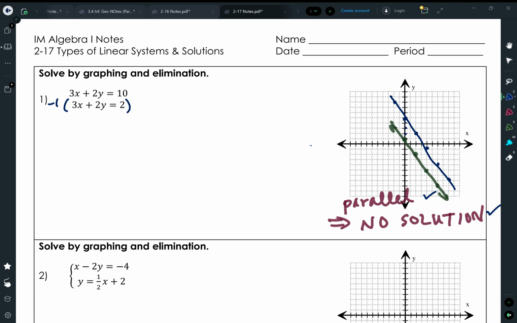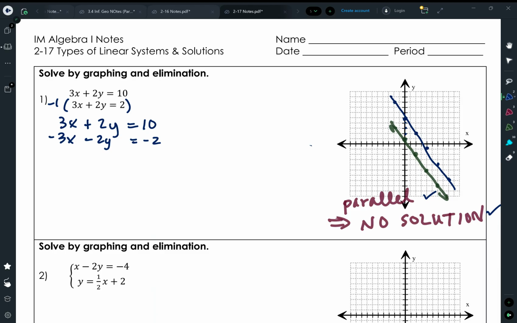That would give me a negative 3x as well. And so I have 3x plus 2y equals 10. And my second equation would be negative 3x minus 2y equals negative 2.